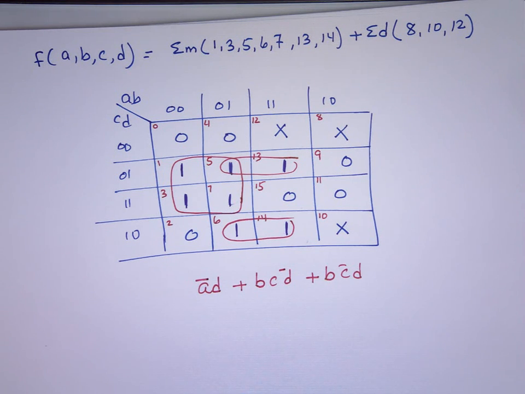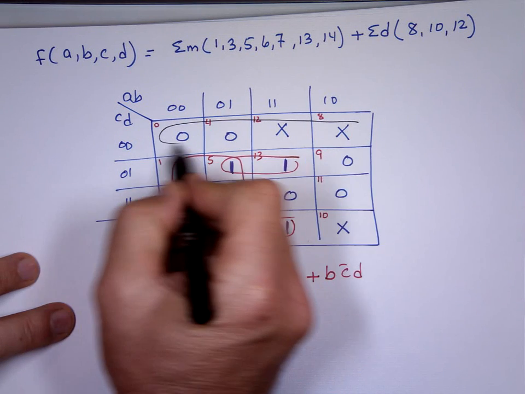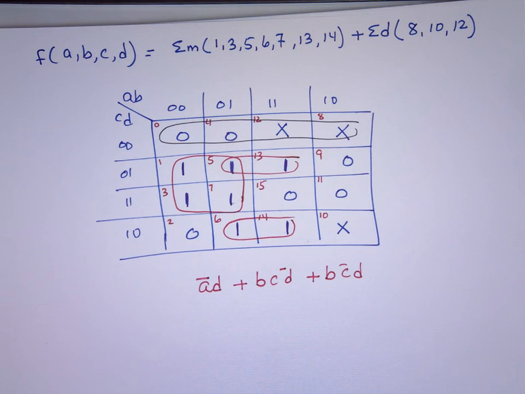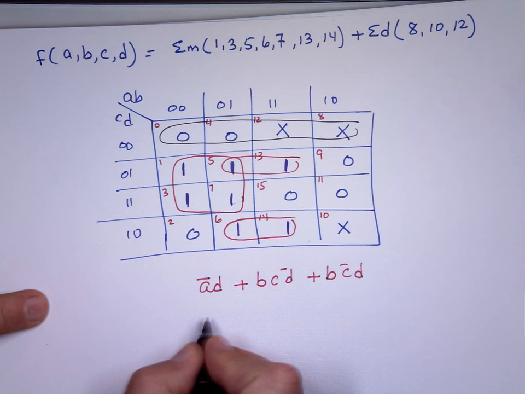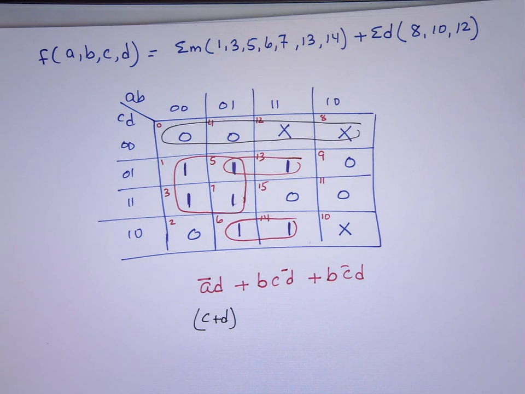Notice if I'm looking to group the zeros now, I will make all of these don't cares zeros. Because if I make them zeros, what happens? C, D. C plus D. You got C plus D. But you see, you get that 0 there.